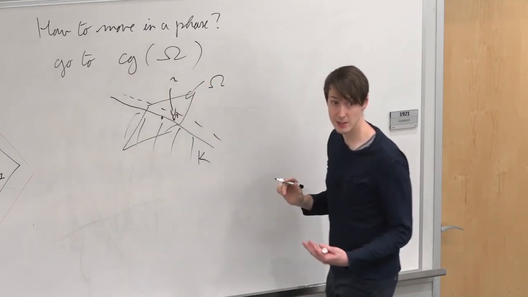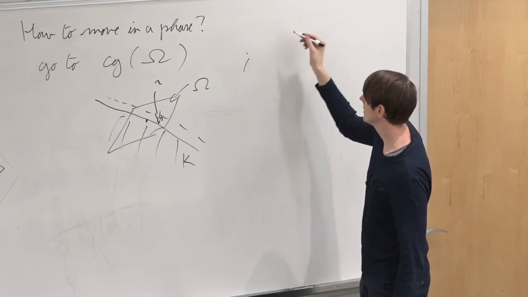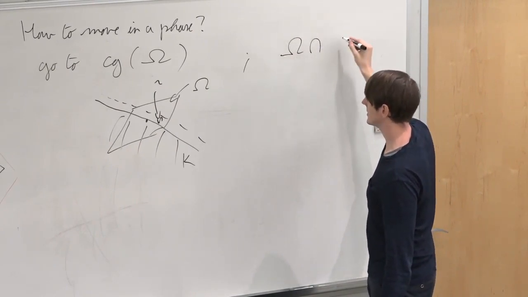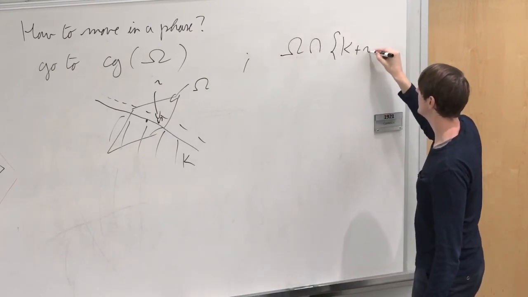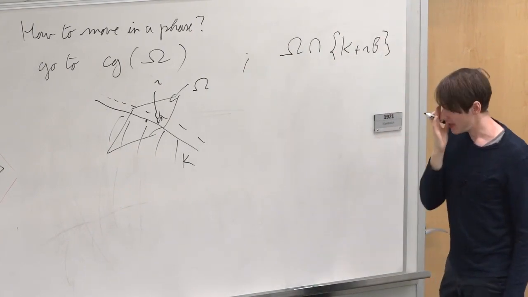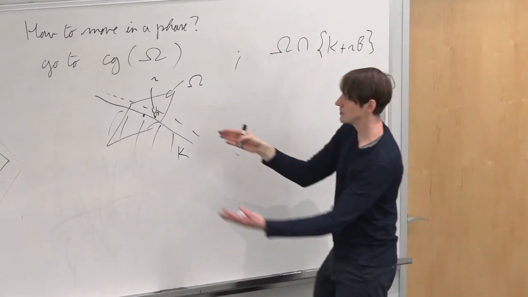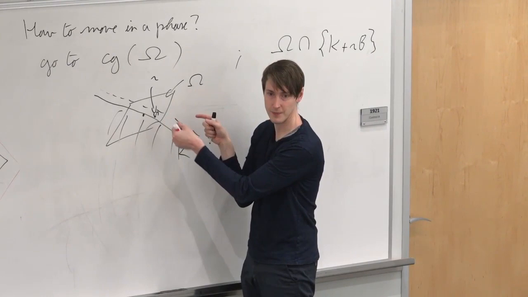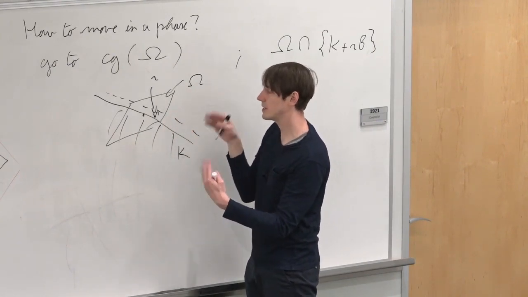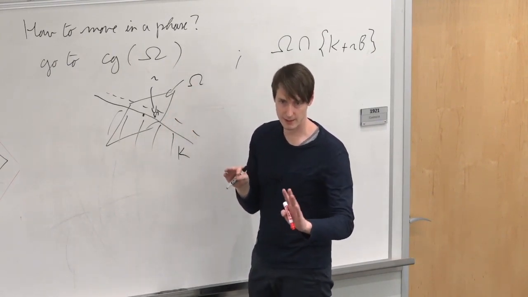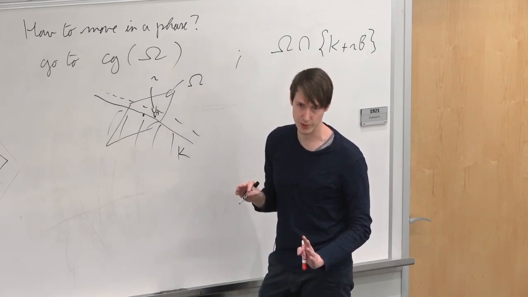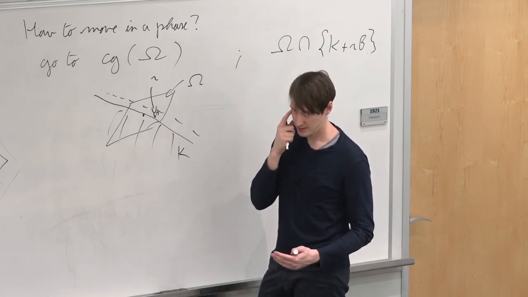You add a little bit. So the question is, does omega intersected with K plus little r B shrink? And I claim that it does. You see in this picture, if r is very tiny, in terms of diameter, let's say shrink diameter, right now in terms of volume. In the end, you don't want volume, but then it doesn't, right? So for a ball, exactly.